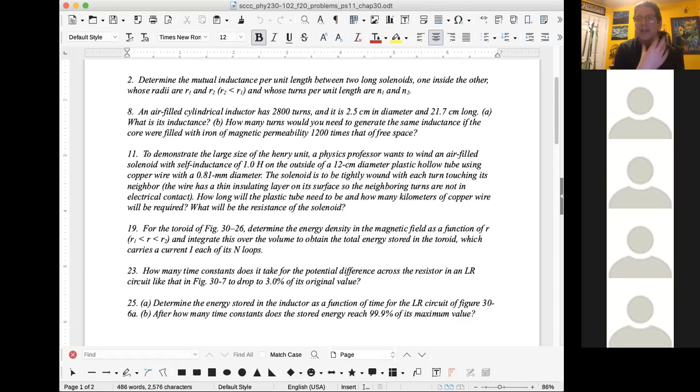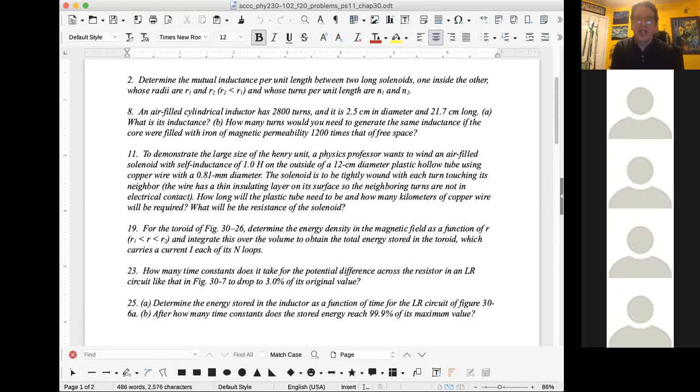Well, that's N, which you can now solve for, multiplied by 2 pi times the radius of the tube. So that's the circumference of each loop in the coil, and you multiply that by the total number of loops of the coil.